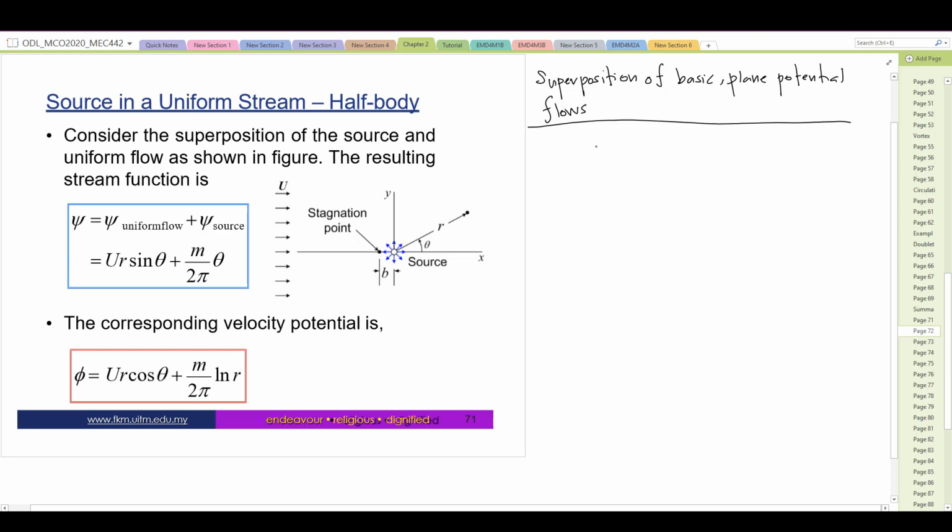For example, the first one is a combination of uniform flow and source superposition.